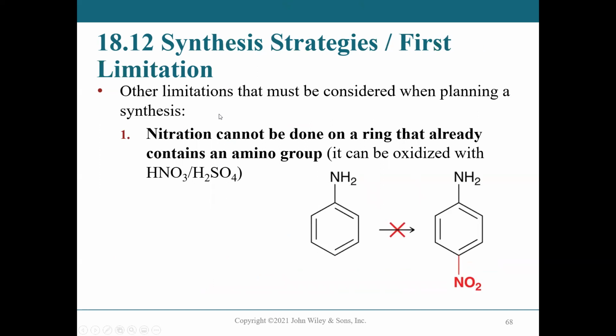So other limitations that must be considered when planning a synthesis: nitration cannot be done on a ring that already contains an amino group. It says the reagents for nitration, which are a mixture of HNO3 and H2SO4, can oxidize the amino group, often leading to a mixture of undesirable products.